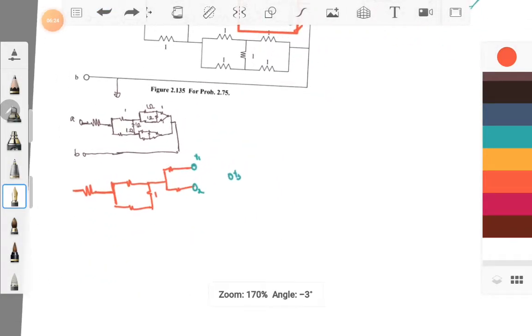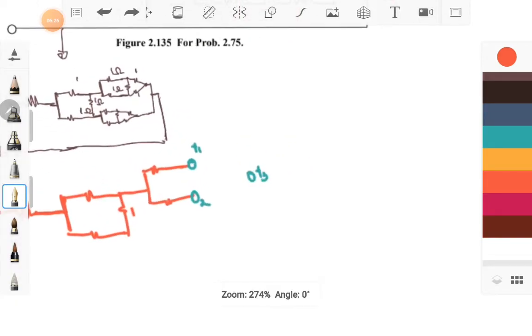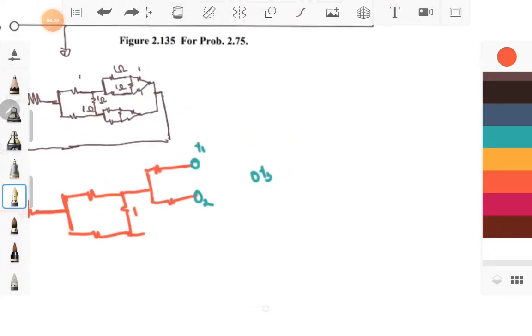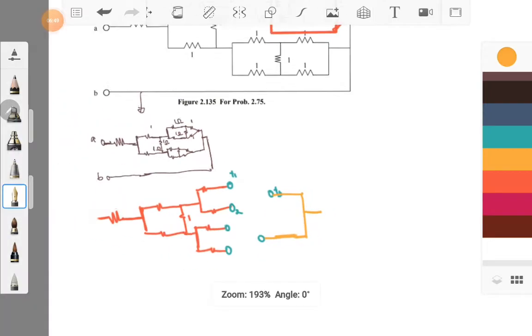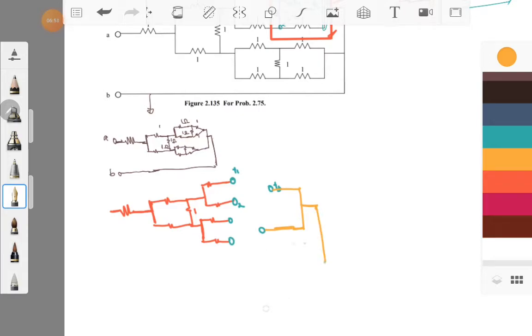So we have also this will be our terminal 1, terminal 2, and terminal 3 for that circuit. Then you can see they are connected. Okay? And then it will be connected to your terminal B.